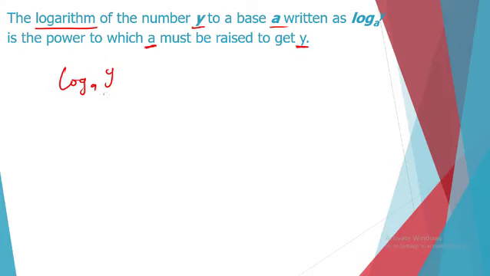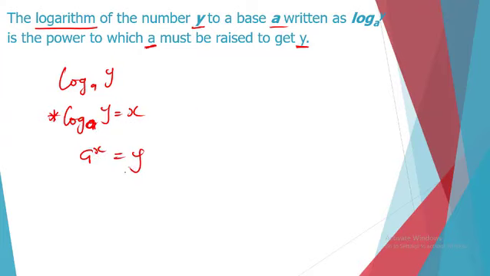That is to say, if we have log y base a equal to x, it simply means that a raised to power x is equal to y. Remember, the a here is the base. Now if we have log y base a equal to x, it means that a must be raised to power x for us to get what? The value of what? y.